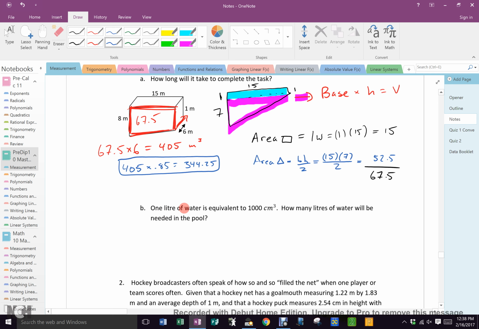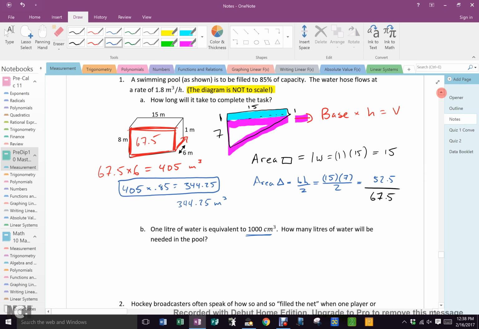1 liter equals 1,000 centimeters cubed. What number do I have here? I have meters cubed, don't I? But I know how to convert meters to centimeters, right? Oh, right, I forgot to do that.